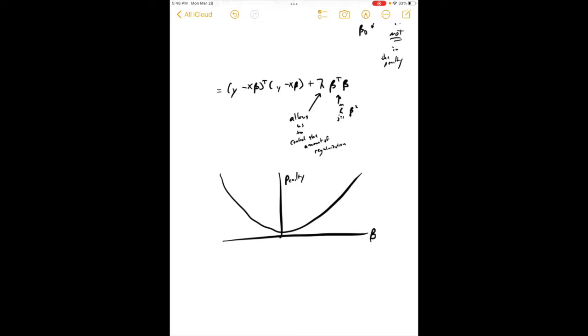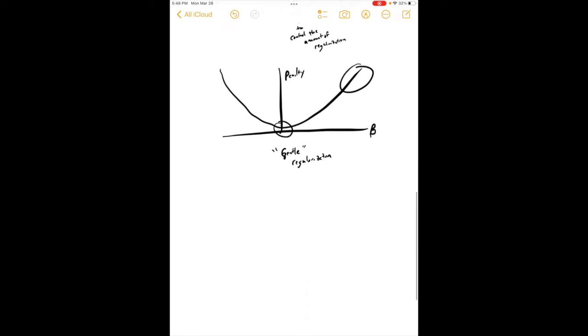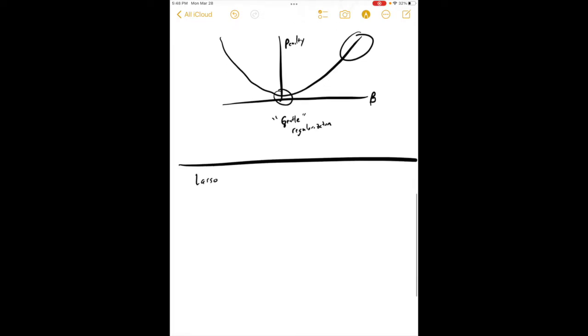All right, so if beta is small, we're not getting much of a penalty at all. But if beta is big over here, then we're getting a whole lot of penalty. And this is considered more of a gentle regularization, especially when compared to the second one we're going to look at, which is called lasso.